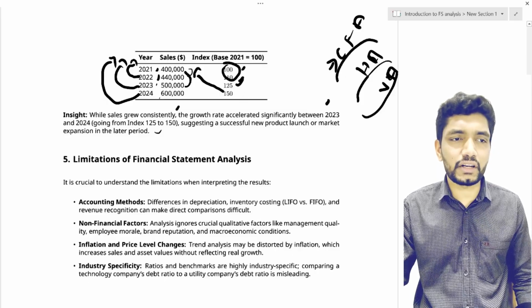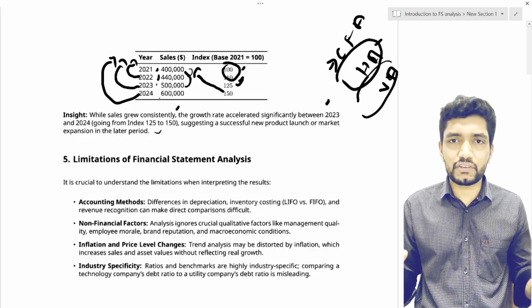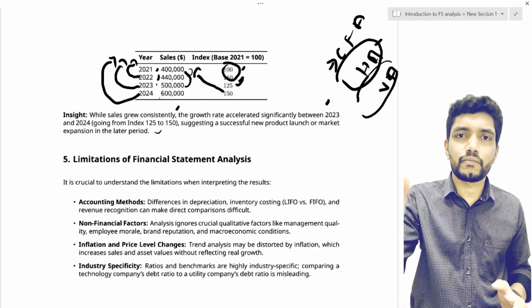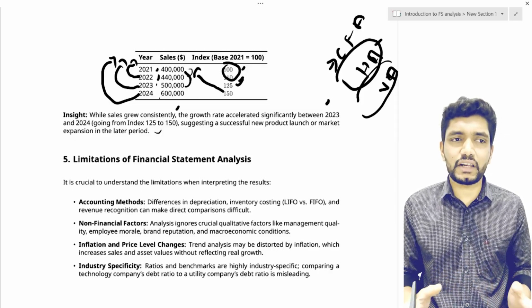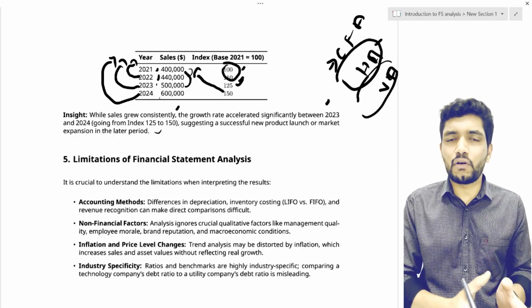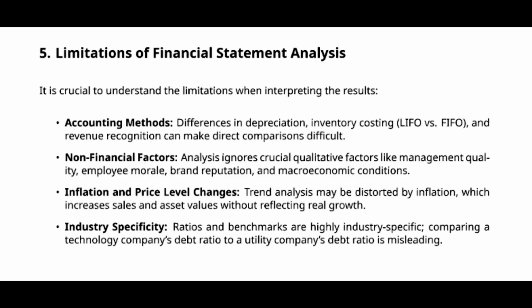Again, in horizontal or trend analysis, the base year value is expressed as 100%, and all other corresponding financial statement values are expressed as a percentage of the base year value.